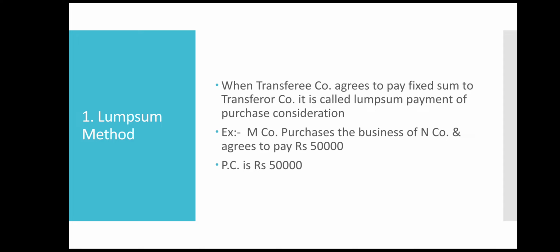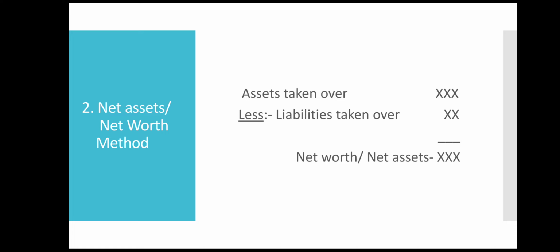Now let's study the next method for calculating purchase consideration, that is net assets or net worth method. So to calculate purchase consideration under this method, we have this formula. The formula is like this: assets taken over, from that you have to minus liabilities taken over.